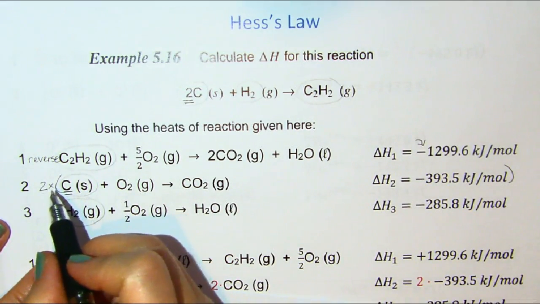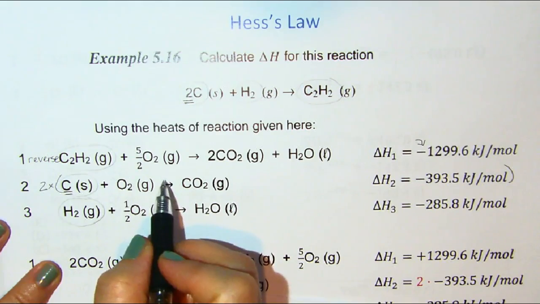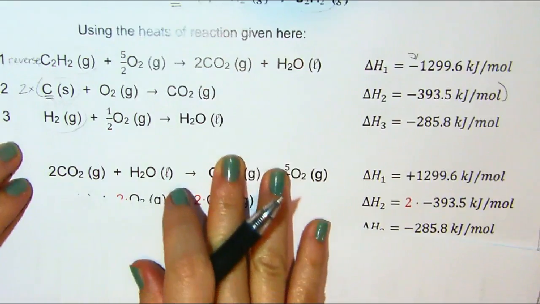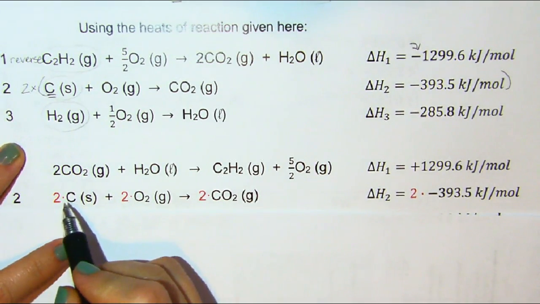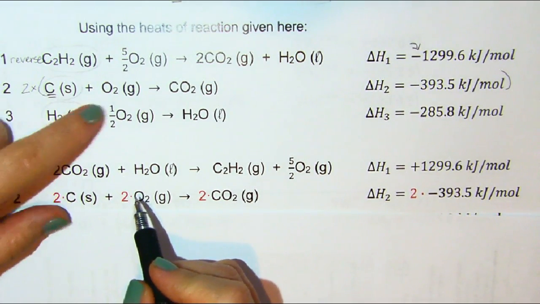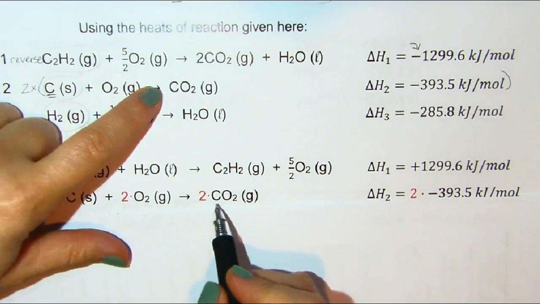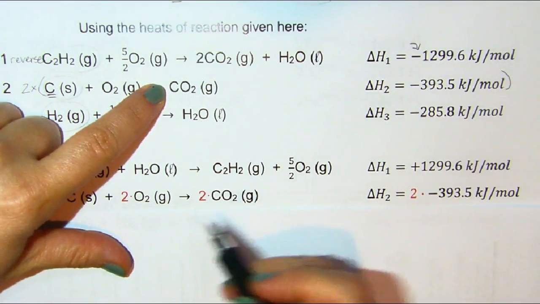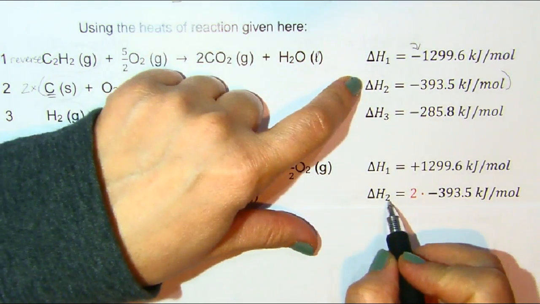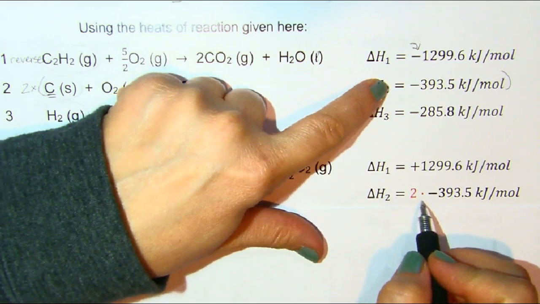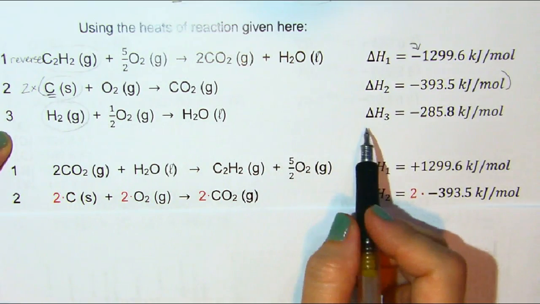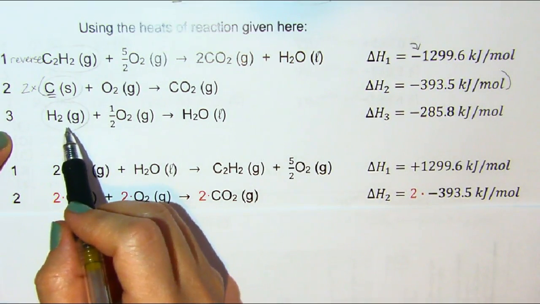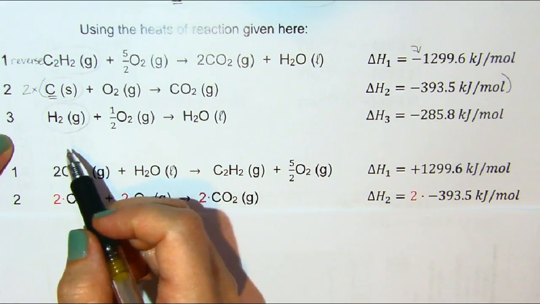And so when I distribute this 2 across the entire equation, we get this reaction here, 2 times the carbon, 2 times the oxygen, and 2 times the carbon dioxide on the product side. We also have to take our delta H and multiply it by 2 as well. The third reaction is going to be left the way it is because hydrogen is on the correct side and it has the correct coefficient.